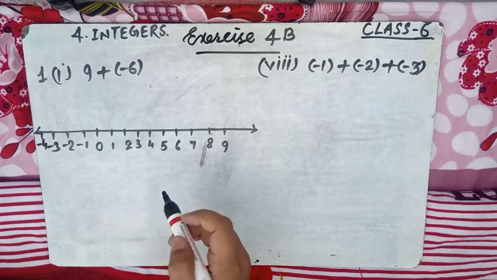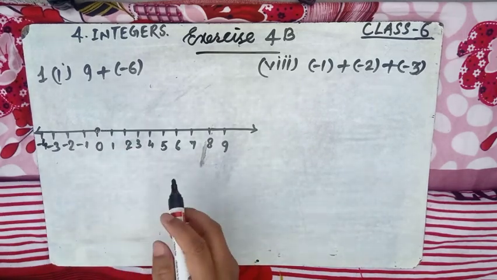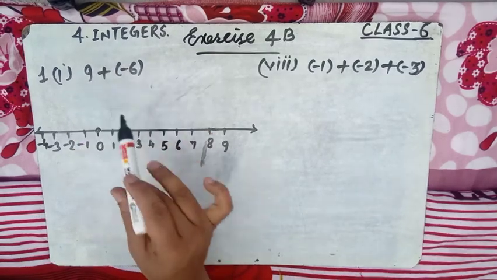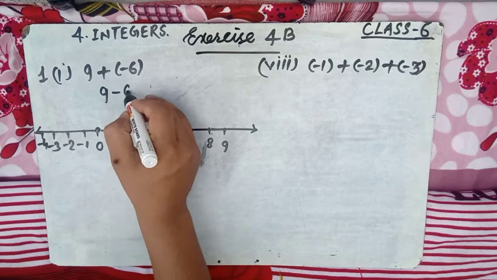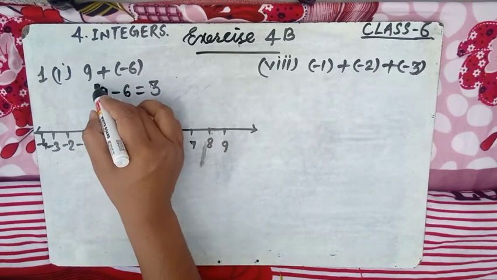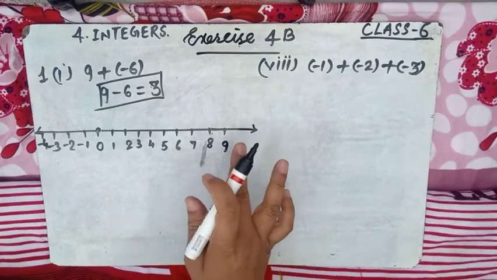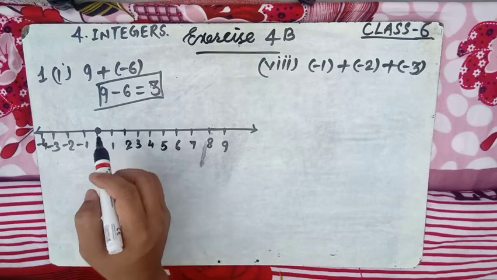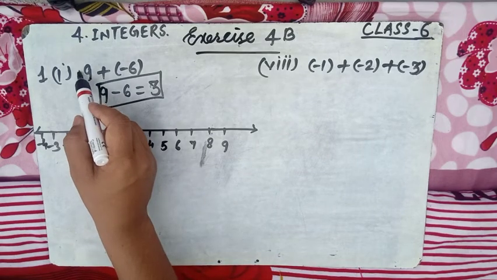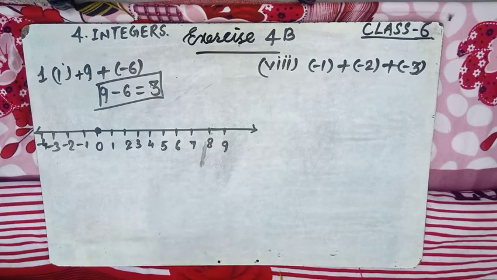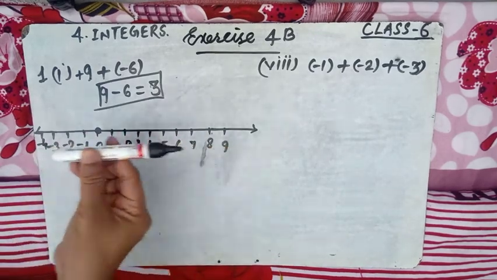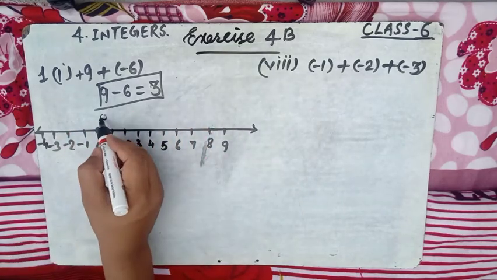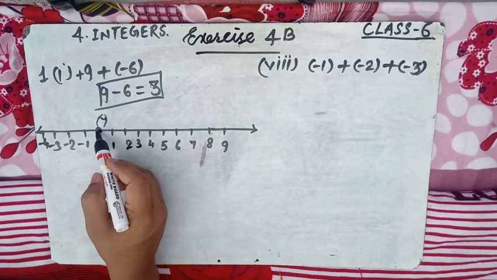Now see the first one: 9 plus minus 6. If we solve directly, we can write it easily as 9 minus 6, which is 3, but we have to solve it with the help of the number line. We have to start at the initial point, which here is 0. The 9 with a plus sign indicates that we move towards the right side, facing right, standing on the 0 point.